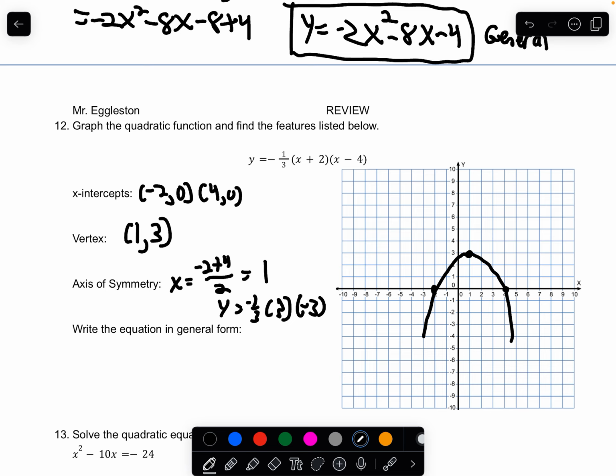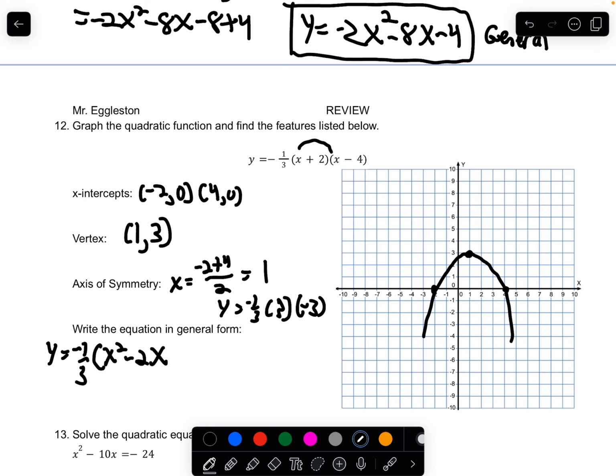Now, write the equation in general form. That means we have to multiply together the x plus 2. Oops, that's a third, not a half. x minus 4. Well, x plus 2 times x minus 4 is going to be x times x is x squared. x times -4 is -4x plus 2x is -2x.